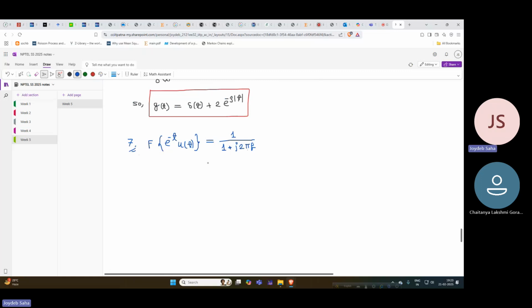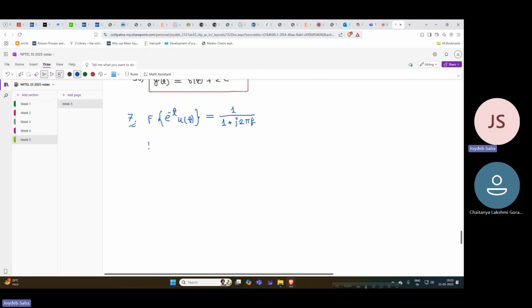Okay, find the Fourier transform of 1 upon 1 plus j 2 pi t.